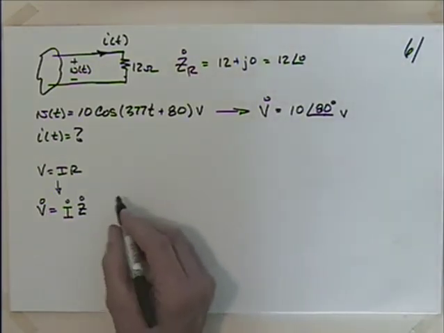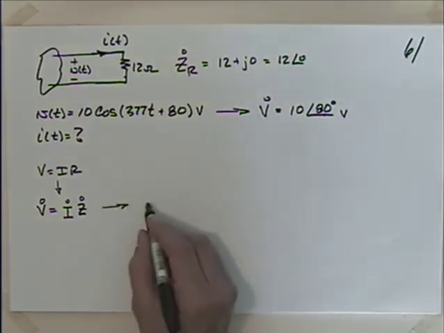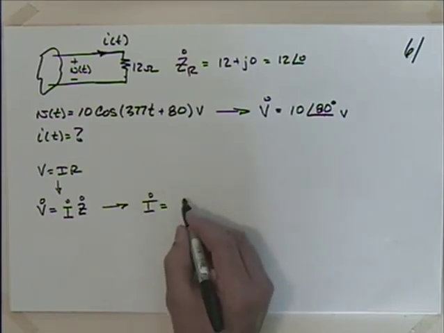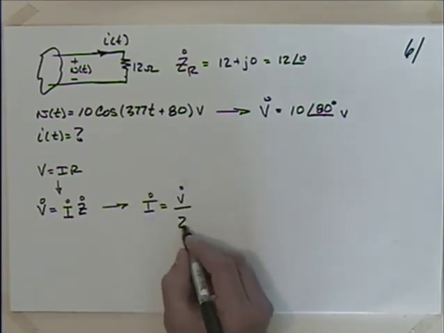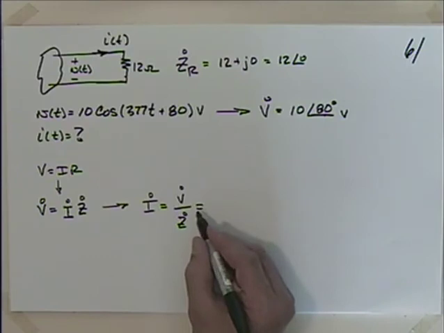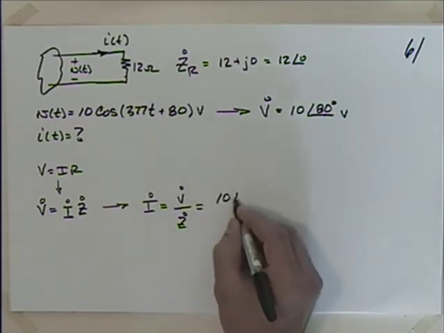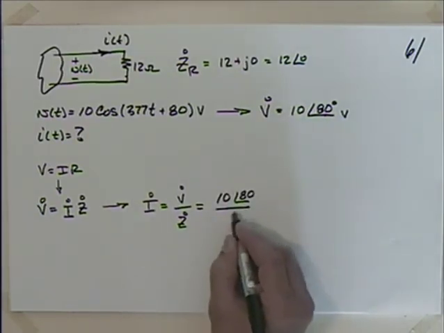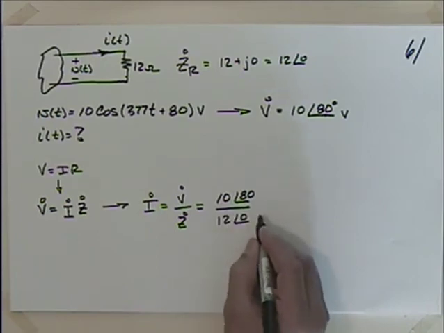So then if I want to solve for the current, I say that the current I is equal to the phasor voltage V divided by the impedance. So I have 10 at 80 divided by 12 at 0.